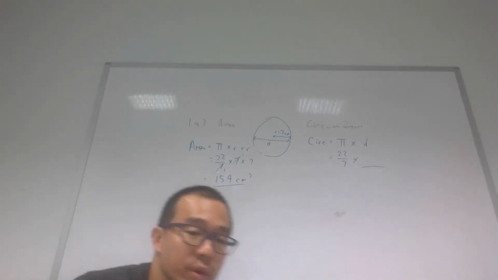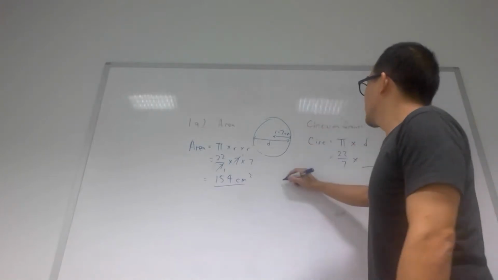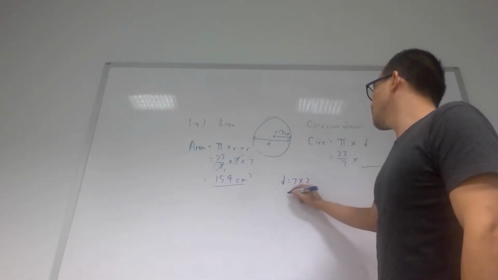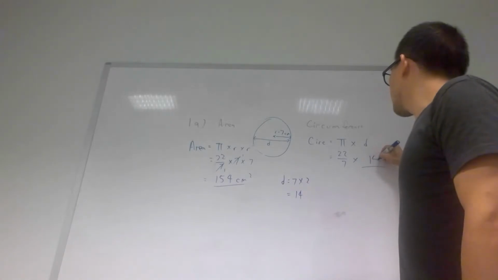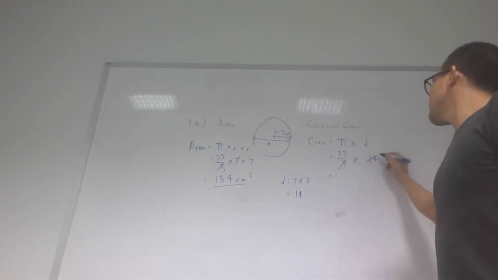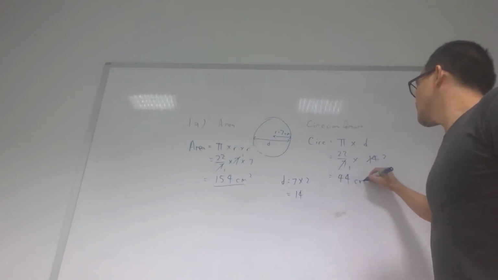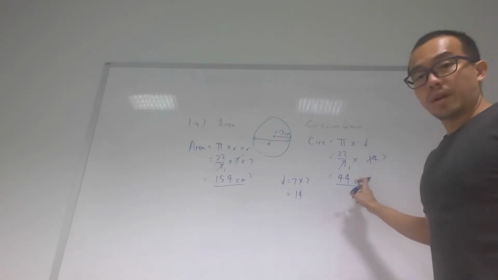You made that mistake last week. Please don't make it again. All right. So you need to find out first, diameter equals 7 times 2 equals 14. Okay, so 14. All right. Circumference equals 22 over 7 times 14, cancel the 7 and 14, it is 2. So 22 times 2 is 44 centimeters. Okay. All right. Simple.